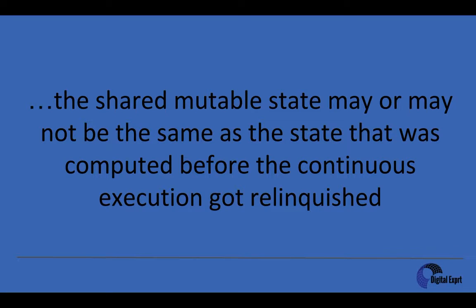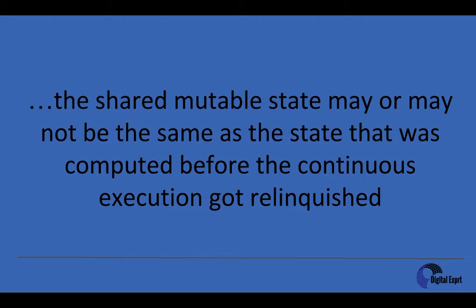So that is the potential risk that we are definitely incurring when we are moving away from the blocking and sequential execution and moving into the discontinuous execution while at the same time handling shared mutable state. This is a very serious concern.